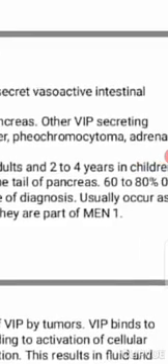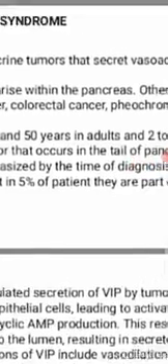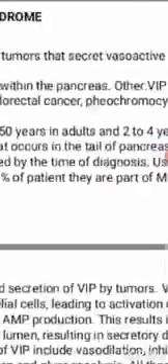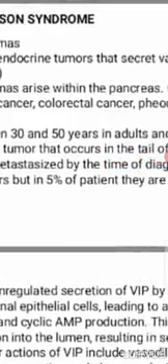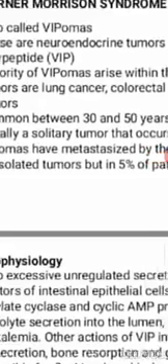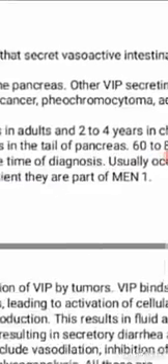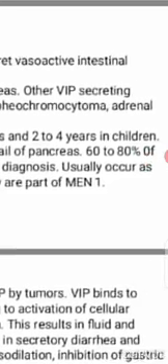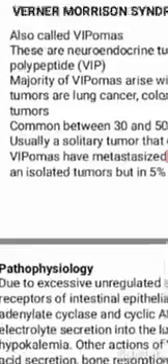Of course, we also have it in children, 2 to 4. Remember, I've told you that in children, male-female ratio is 1:1, but in adults, male-female ratio is actually 1:3. Another thing you should note is that 60% of it is solitary, and it is found in the tail of the pancreas. 60 to 80% of it is found in the tail of the pancreas.